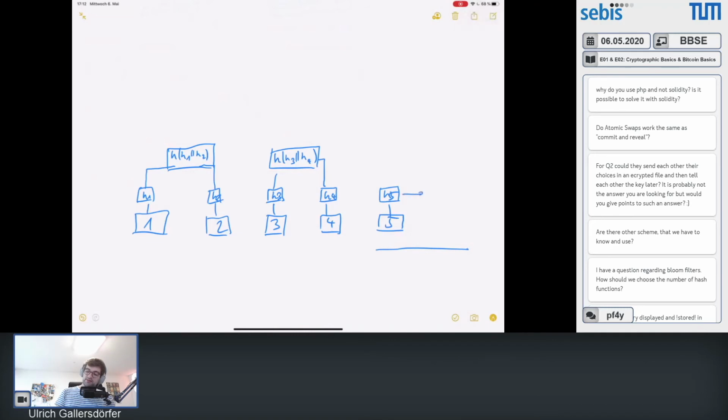So what it does here is like, okay, let's just put h5 again there and do this as we did before. So now we have as hash from hash 5 concatenated with hash 5. So now we can continue the same.